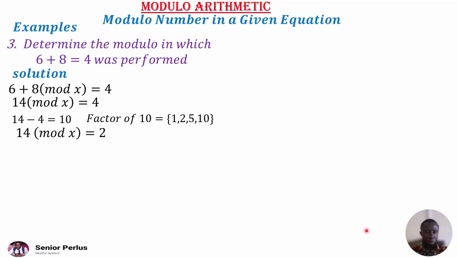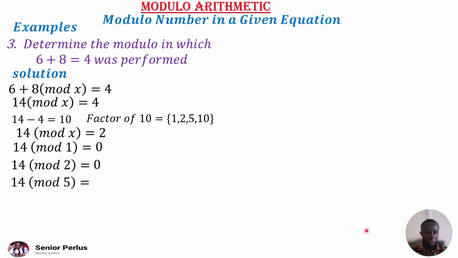So 14 mod S is 4. Let's see which of them made the statement true. 14 mod 1 is 0. 14 mod 2 is 0. 14 mod 5, because we are dealing with remainders, is 4, since 14 divided by 5 has remainder 4. 14 mod 10 is 4.